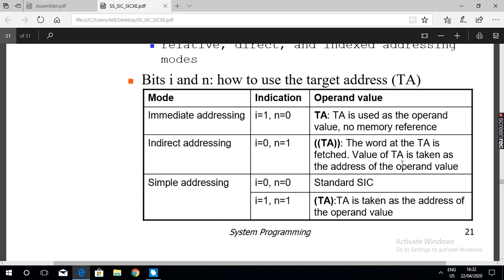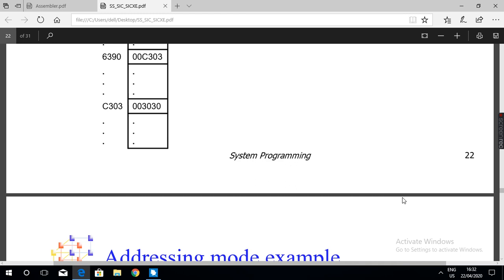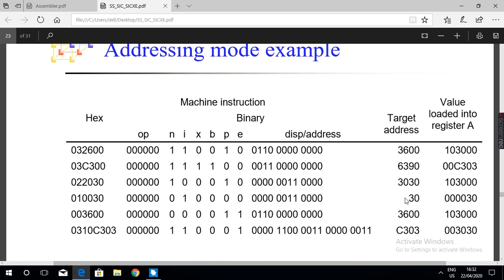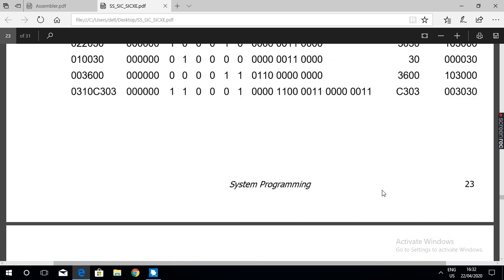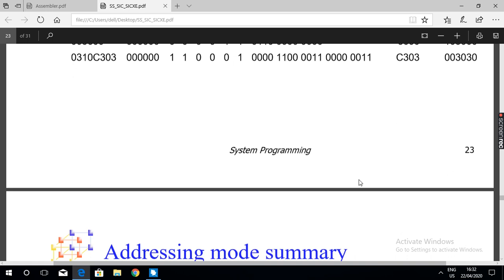So the value of the target address is taken as the address of the operand value. In simple addressing mode, the target address is taken as the address of the operand value. So this is about the various addressing modes.